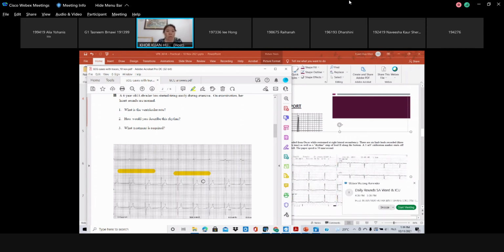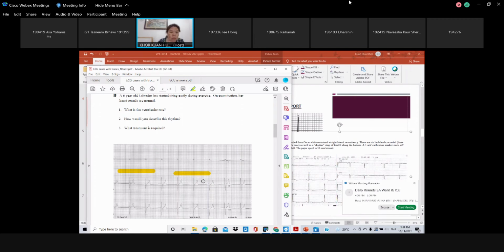So in this dog, there's no P wave, so it shows that there is a premature beat going on. So this one is referred to as ventricular escape beat.